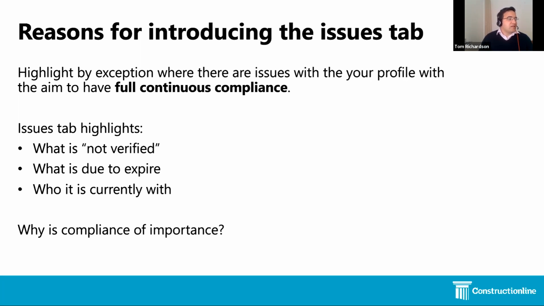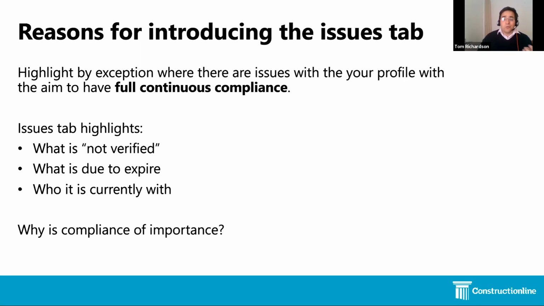And the third piece is particularly key as well, which is who it's currently with. There'll be times when you've completed something and submitted it for verification, and it'll be with our client services team to complete. There'll be other times when you're completing something yourself. What the Issues tab will do is give you a very clear view about whether it's with us or whether it's with yourselves to complete.